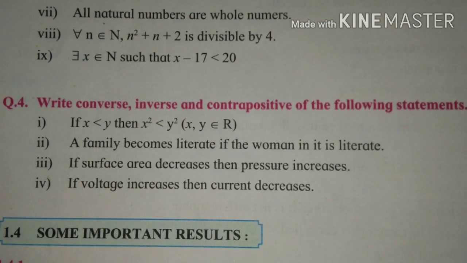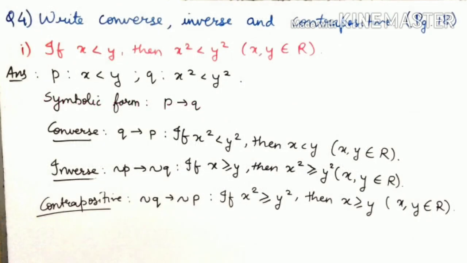Next question is write converse, inverse and contrapositive of the following statement. It is exercise from page number 18. First one is if x less than y, then x square less than y square for x, y belongs to real number. Now we know that for the converse, inverse and contrapositive, the most important thing is to remember the symbolic form.